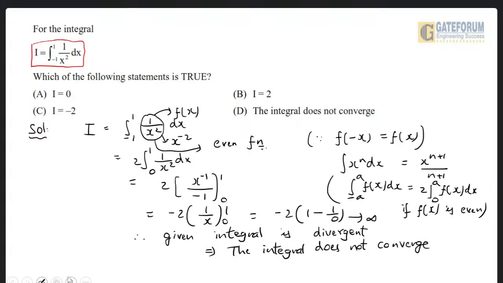Okay. So these are the key points. So accordingly, the option is D. This is the end of the question.